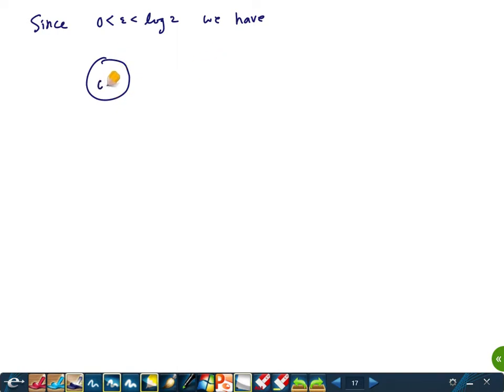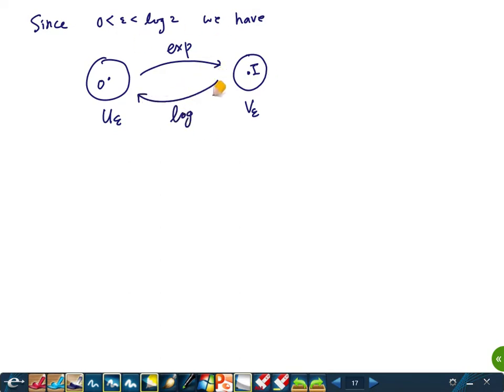So this is 0 and this is U epsilon. Then the image under the exponential map of U epsilon will send 0 to the identity. This means that we have the log map and they are inverses of each other. So if we take epsilon very small, then this is really one-to-one. Exponential and log are inverses of each other. That's why we need this condition. Okay, so we want to know whether this is locally one-to-one and onto.